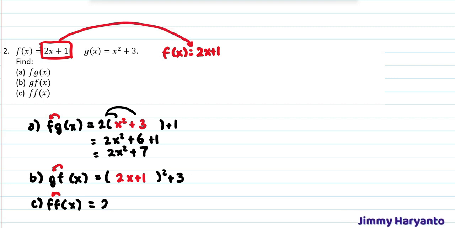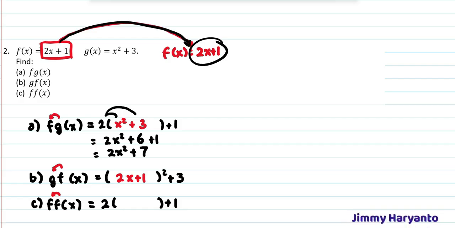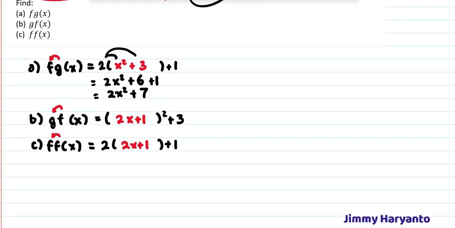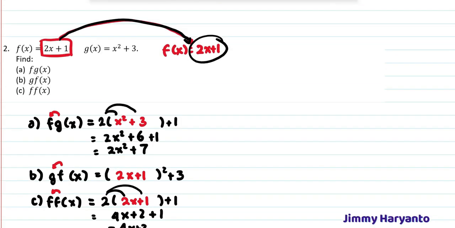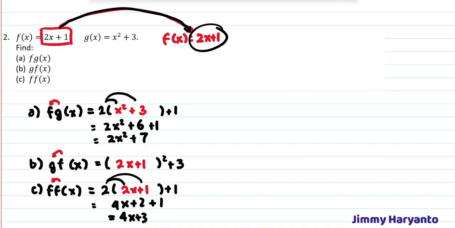So it will become 2 times x plus 1 before, but we have to insert the 2x plus 1 into the x. So 2 times 2x plus 1, plus 1, like that. For this one, we can simplify it by multiplying the results like this. So you have 4x plus 3. So this is how you determine the composite function.